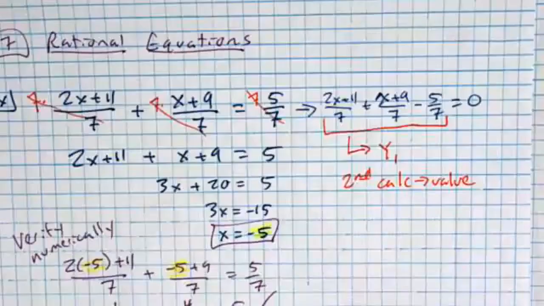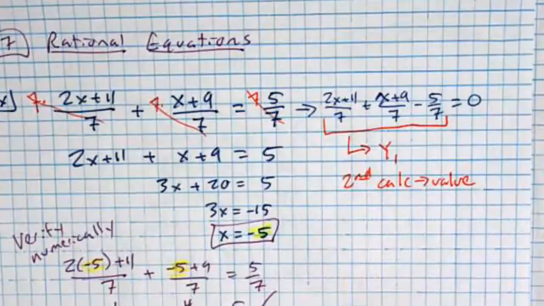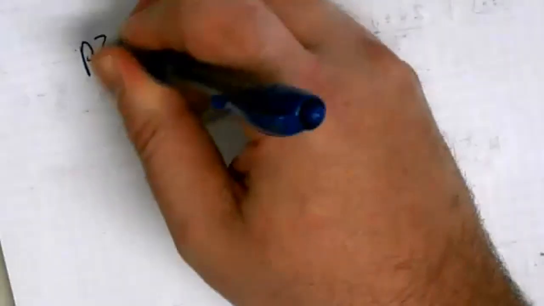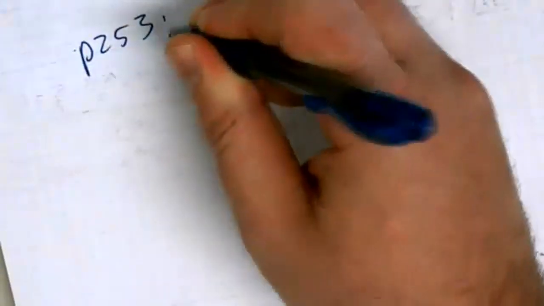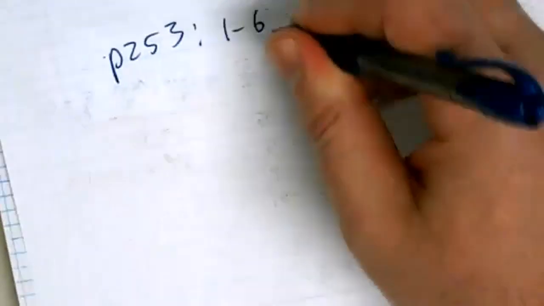So our assignment is on campus. Oh boy. Anybody write it down yet? I didn't. Well, I can tell you it starts on page 253. I'm going to double check this in a second, but I'm pretty sure it's 1 to 6 and 13 to 18.